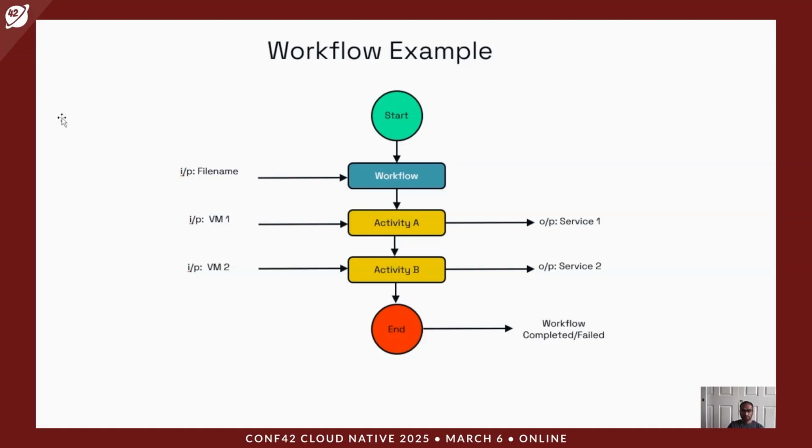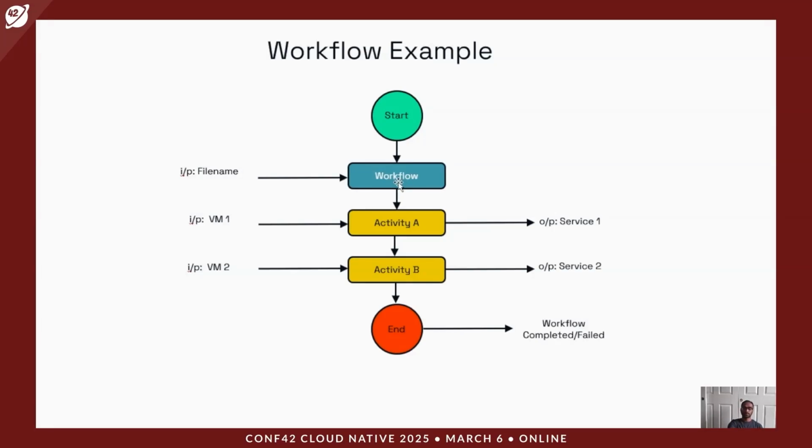Now, if we consider the scenario we have discussed previously, where we give a storage location and the activity has to retrieve the service details of the particular VM. Each workflow or activity has an input and output. So the input in this case is the object store file name that we are passing to the workflow.